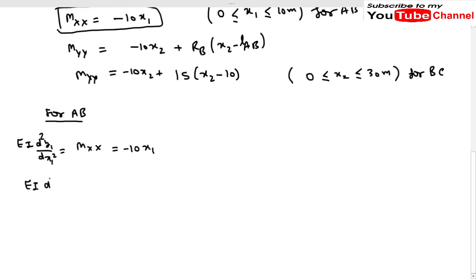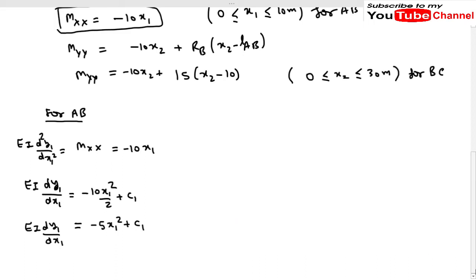After integration we get dy1/dx1 equals minus 10 x1²/2 plus C1, which simplifies to minus 5 x1² plus C1. So this is the equation for slope for portion AB.